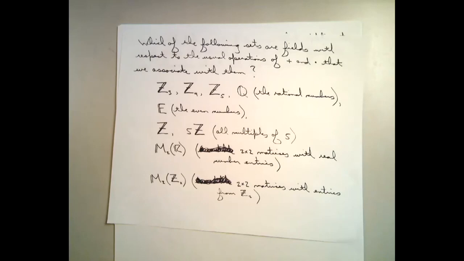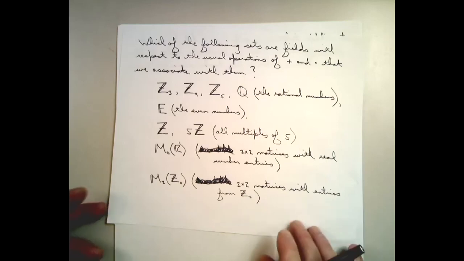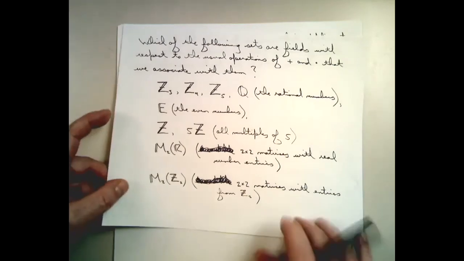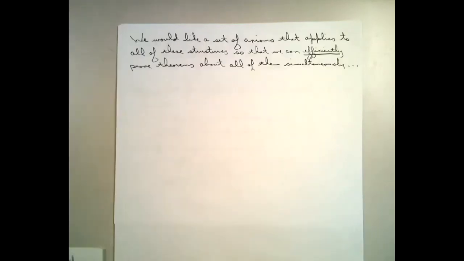Those are all very natural structures to study, and we don't want to just get rid of them simply because they're not all fields. We'd like to be able to study them together so that we can efficiently prove theorems about all of them simultaneously. This actually is the power of using an axiomatic system in order to study mathematics, right?